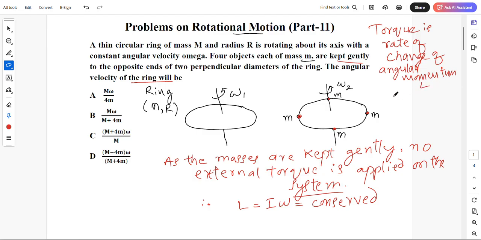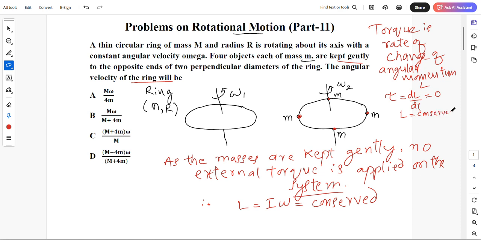That is, tau is equal to dL by dt. That is equal to 0. Torque is 0. Therefore, L is constant, or L is conserved.